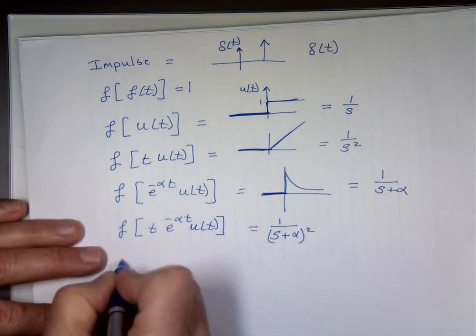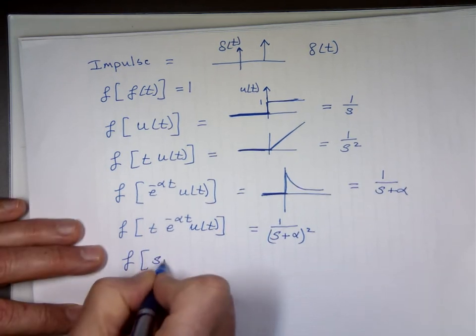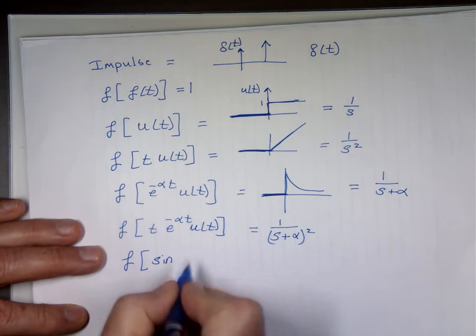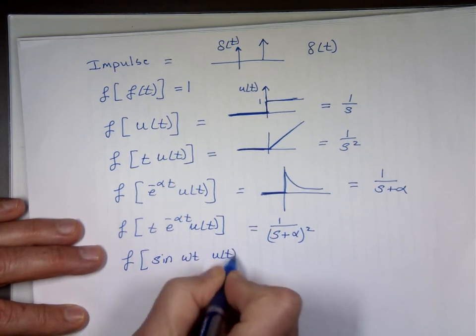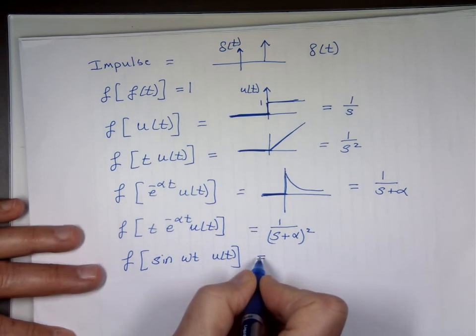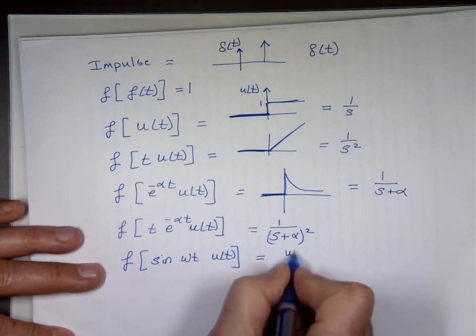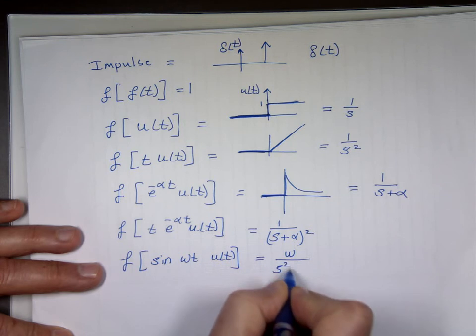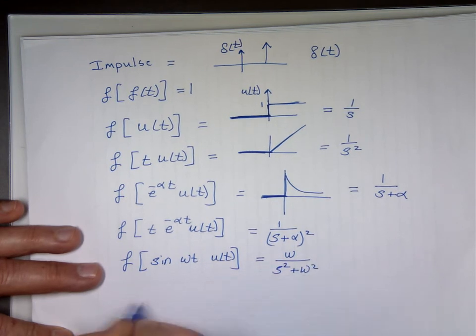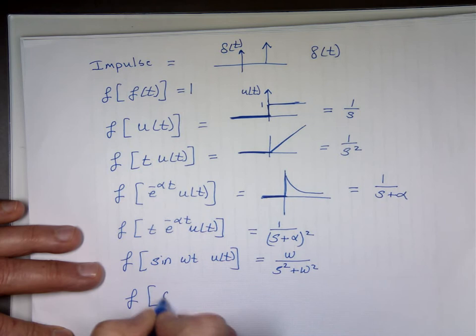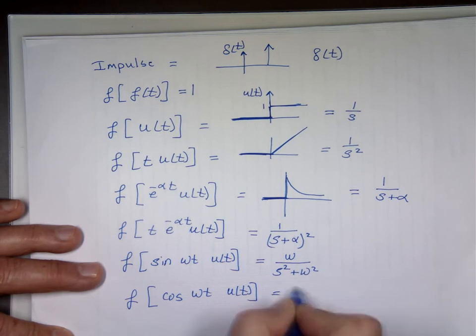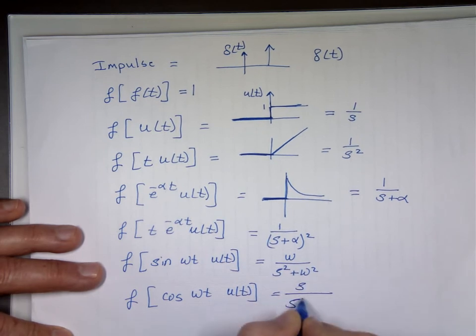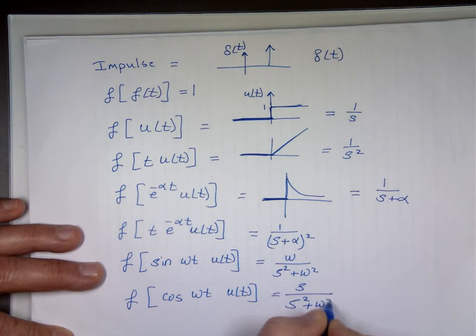The Laplace of sine wt u sub t is w over s squared plus w squared. The Laplace of cosine wt is s over s squared plus w squared.